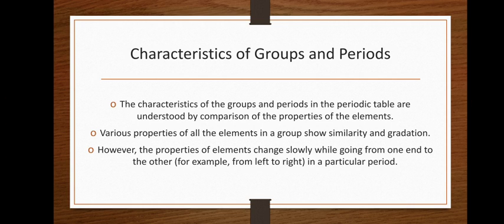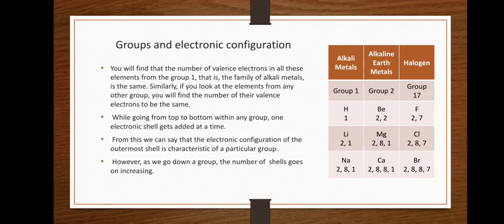So when you are moving from one end to the other end, that is from left to right in a period, slowly the properties of these elements will change. For example, lithium and fluorine are not so similar, whereas lithium and beryllium are quite similar.